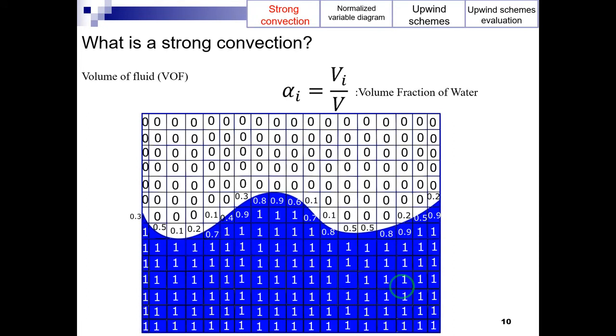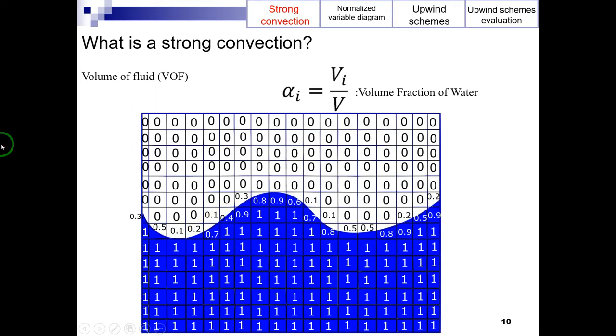Equal to 0 indicates the cells filled with air, as can be seen here. And cells where the value of alpha lies in a range from 0 to 1 contain the free surface, as we can see here.